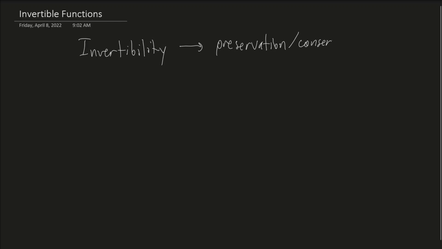I alluded to this idea when I talked about injectivity of functions, and I'm hoping my argument there was pretty convincing. But if not, I'm going to give you a simple example that you're already familiar with.